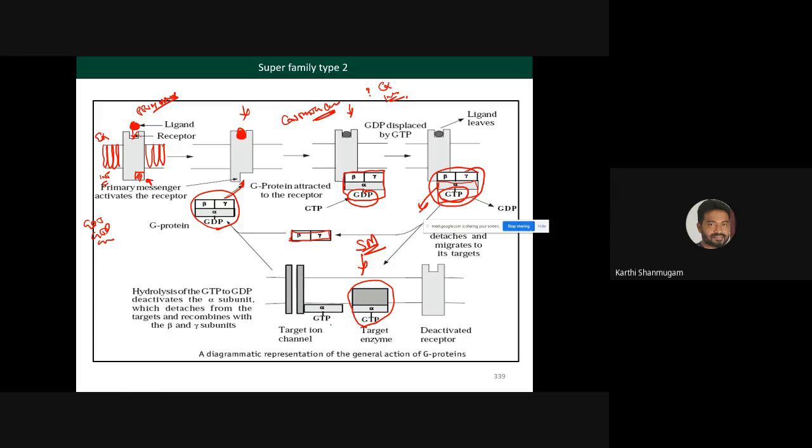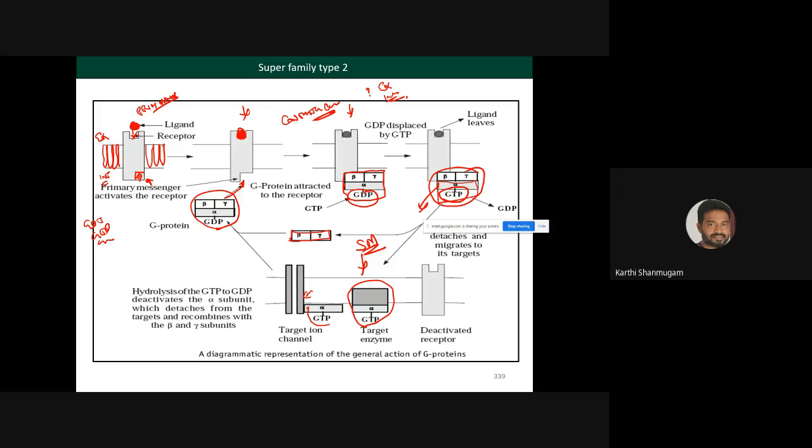The alpha subunit with this GTP can go and bind to some superfamily type 1 receptor ion channel, and it can activate or deactivate the ion channel. Or it can go and bind to some enzymes, and it can activate or deactivate the enzyme. So anything may happen.